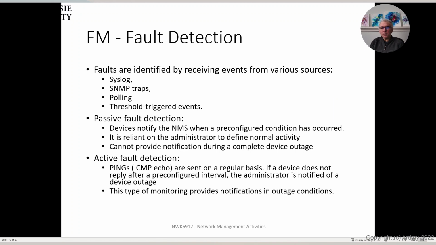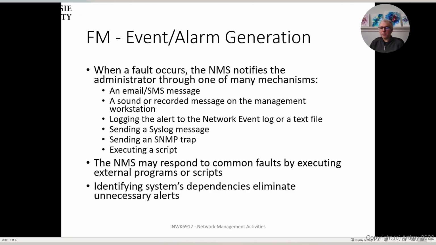That takes different shapes. When the ICMP ping does not come back, the network management system may send us an email saying, I tried to ping this device and it's not coming back, right? Or it may be an SMS message.